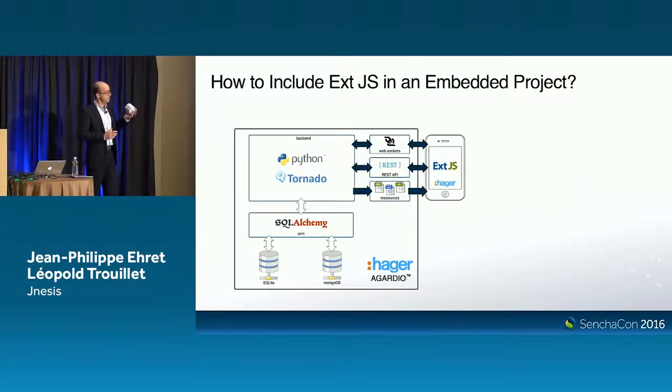This web server also generates a Wi-Fi network around the box. It is supposed to provide the Ext JS application itself to the operator, and also, of course, many web services and WebSockets.